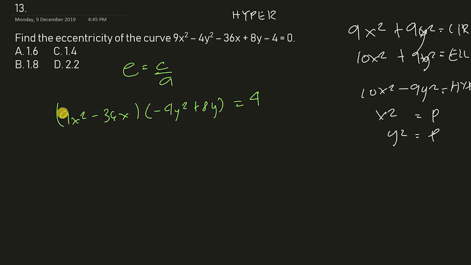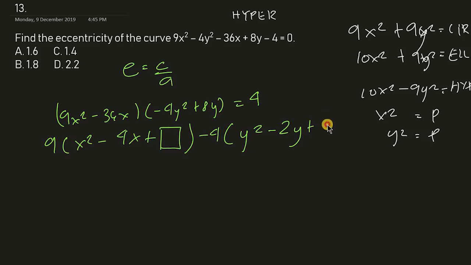Now let's factor out so that the coefficient of x squared and y squared is just 1. So that gives 9 times x squared minus 36 divided by 9 is 4x plus blank. I'll isolate this negative 4, so what remains inside is y squared, negative 2y plus blank, equal to 4.